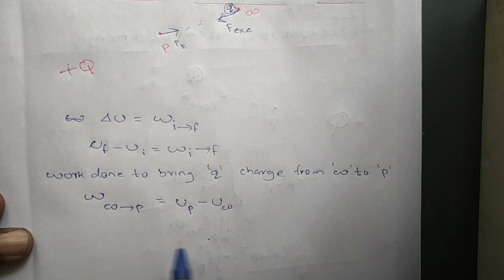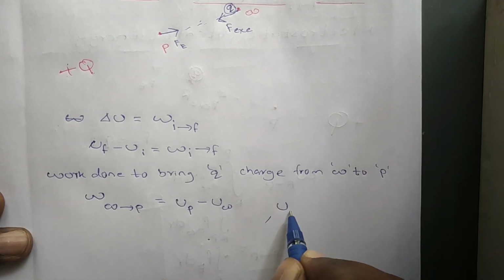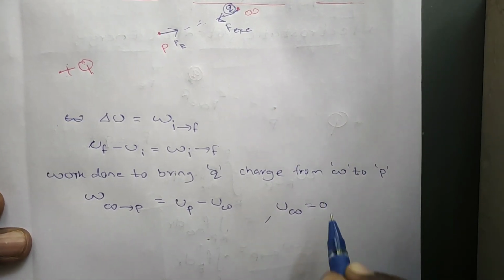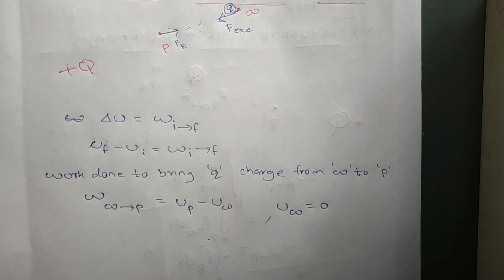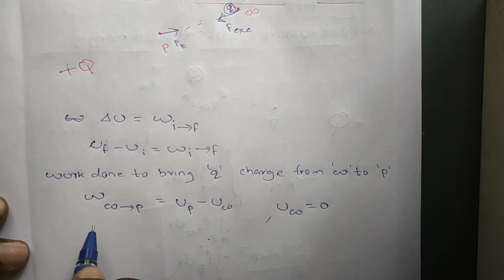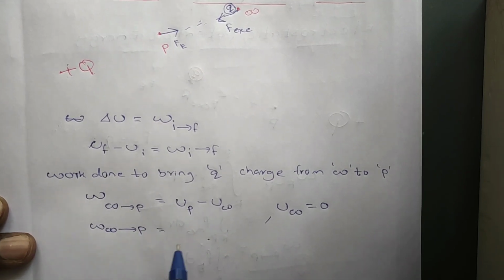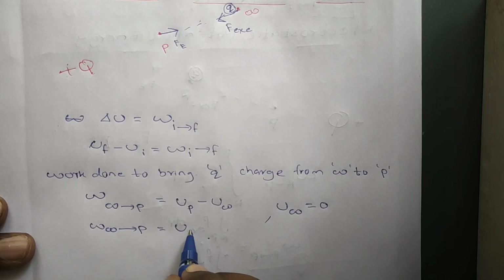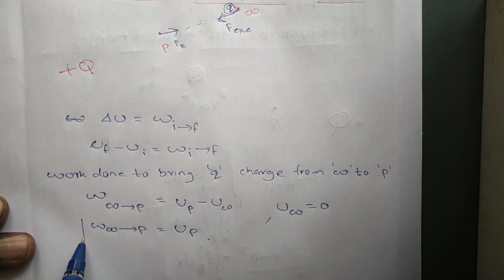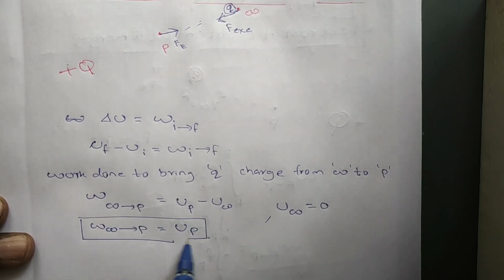What is the potential energy at infinity? The potential energy at infinity is 0. Why? Because there is no electric field at infinity. So the work done to move a charge from infinity to point P is equal to the potential energy at point P.